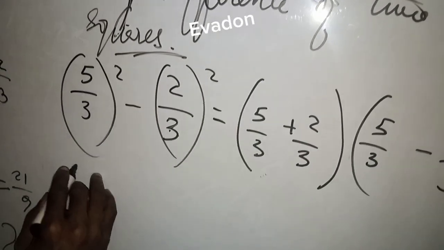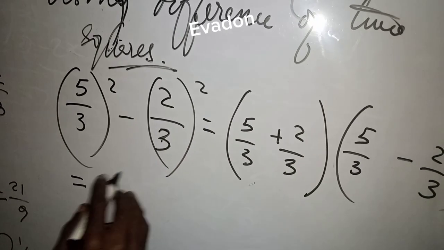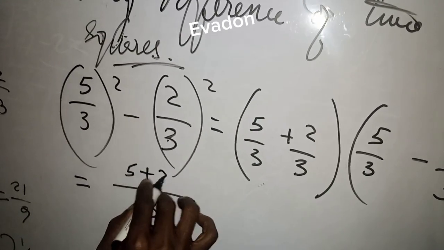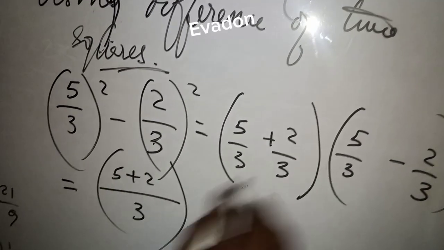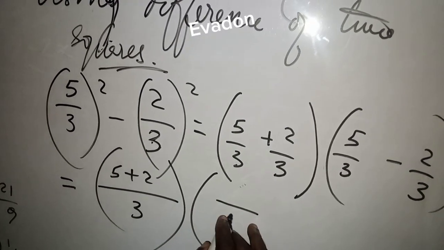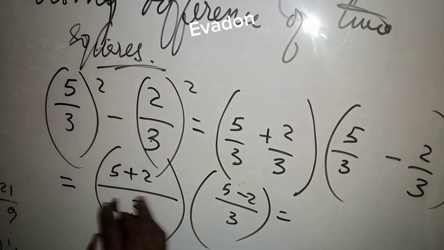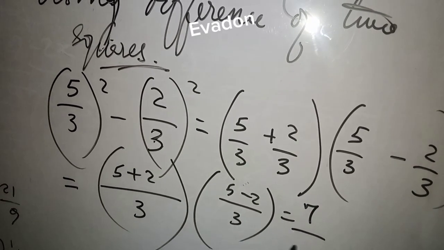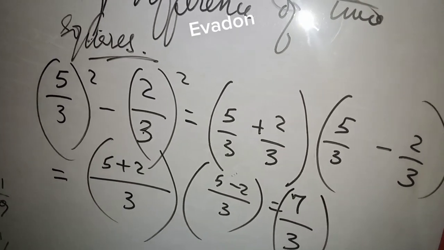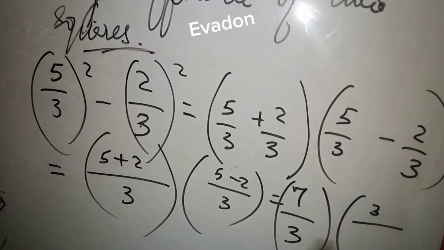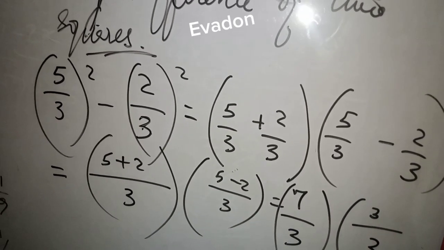So let's go. Because these are like fractions, you pick one of the denominators and say 5 plus 2. Then you do the same here and say 5 minus 2. What is 5 plus 2? 7 over 3, multiplied by 5 minus 2, which is 3 over 3.